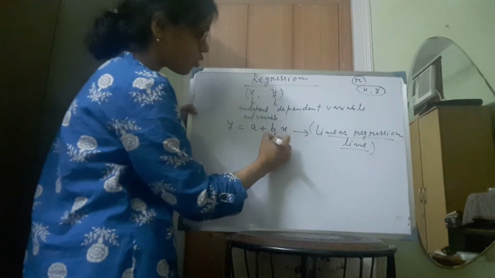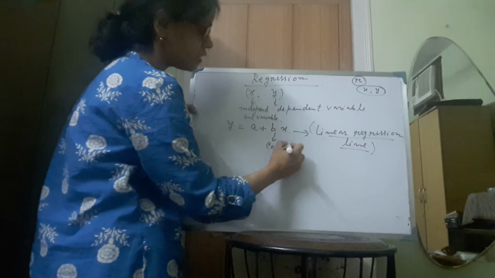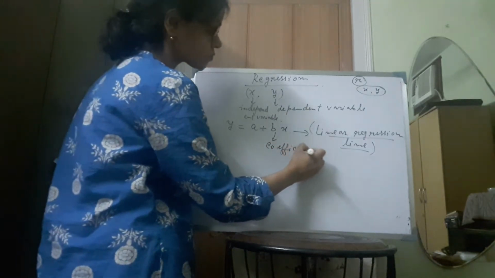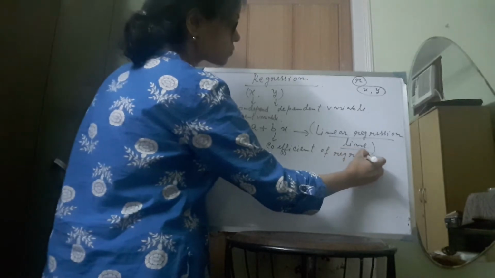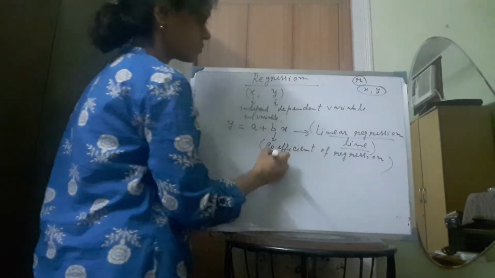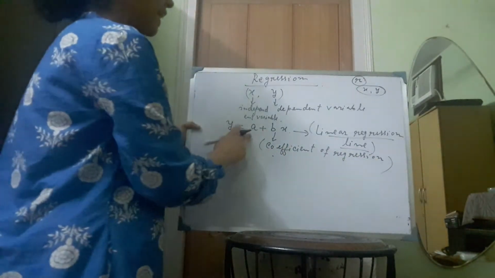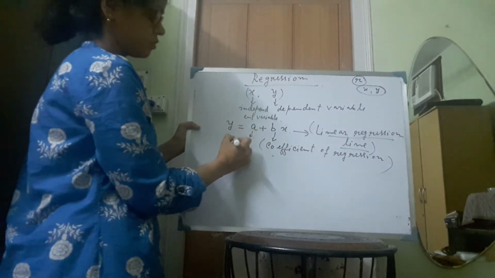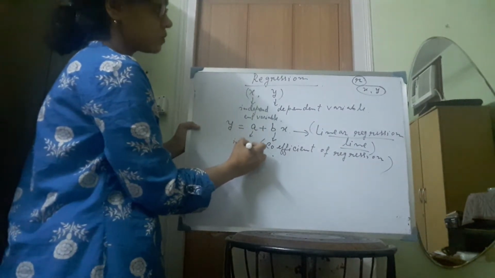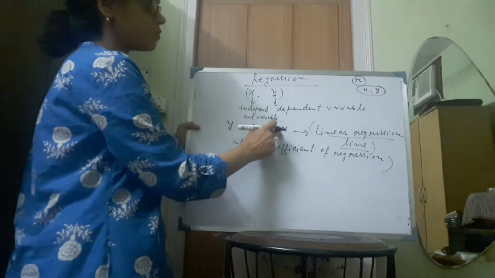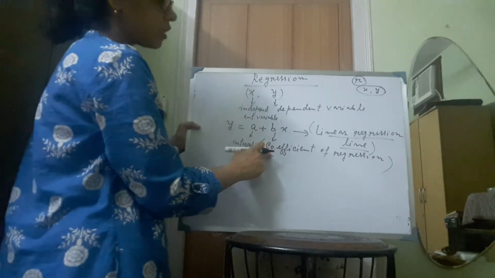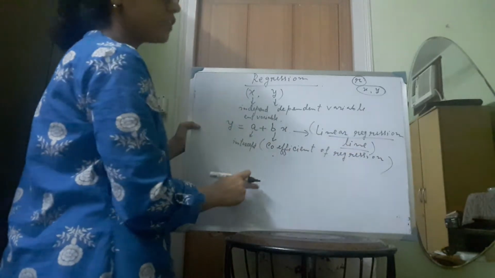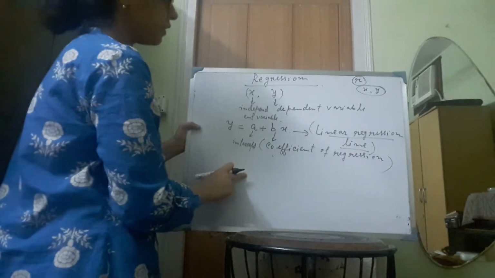Therefore b is called the coefficient of regression, and a is called the intercept of the regression line. So this is the slope and this is the intercept, and this slope is termed the coefficient of regression in the linear regression line.